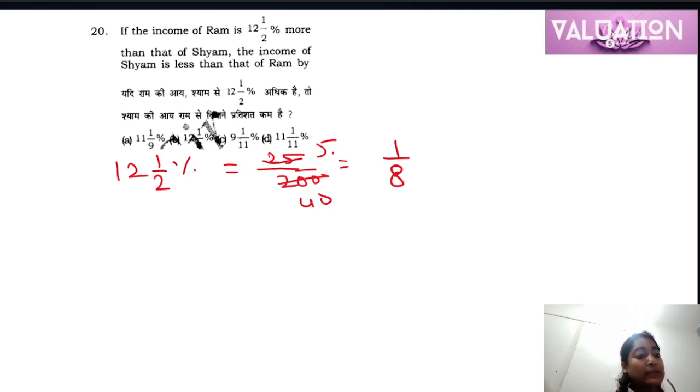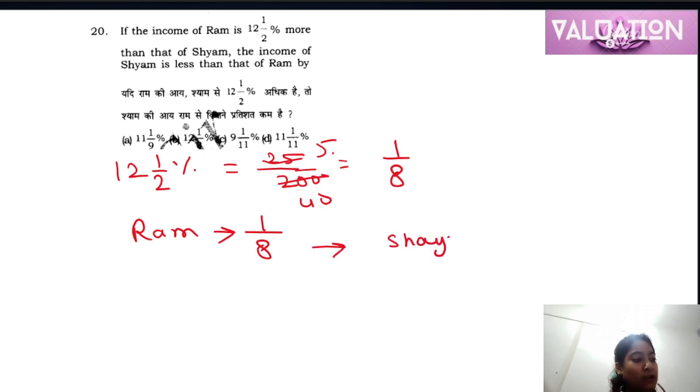So that means if the income of Ram is 1 by 8 more than Sham, that means if the income of Sham is 8 units, then the income of Ram will be 1 unit more than Sham, so it will be 9.